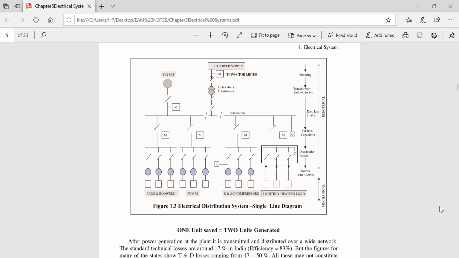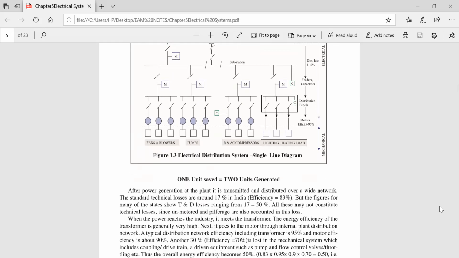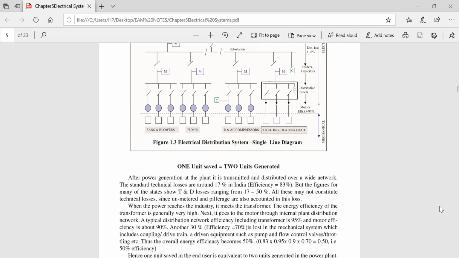From the transformer it goes to the substation. Whatever the loss is, 1 to 6%, we are putting capacitors over there, feeder capacitor, distribution panel, and motors. So this is the single line diagram for the electrical distribution system.